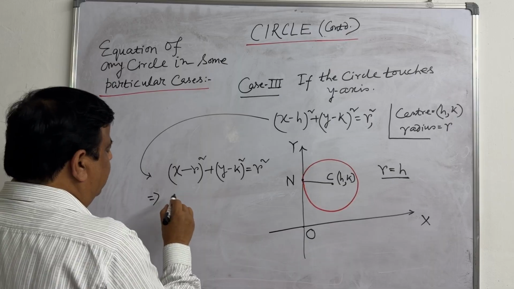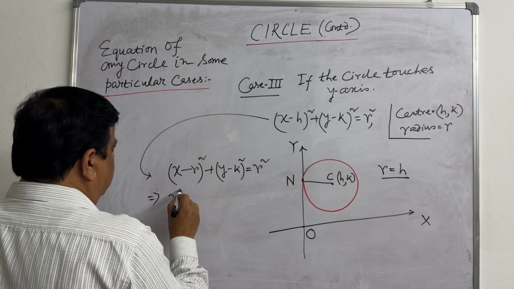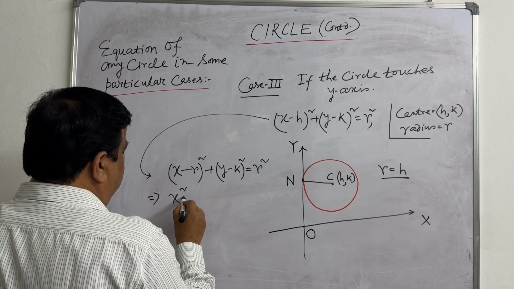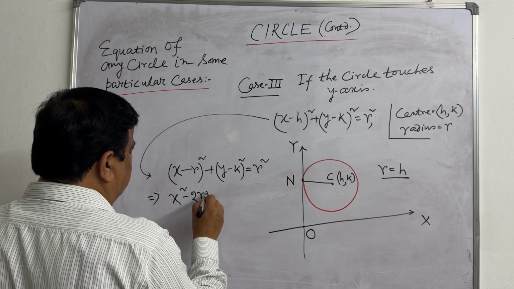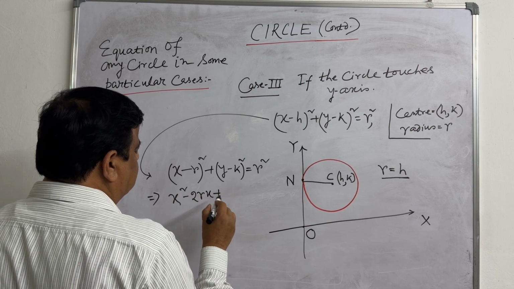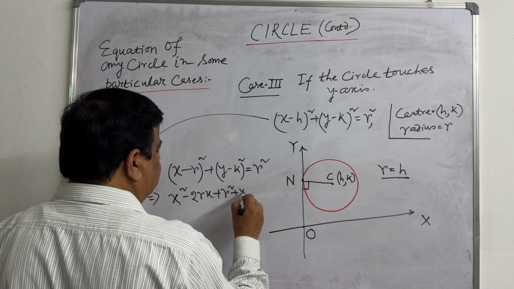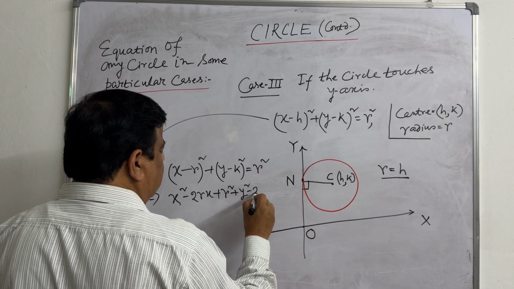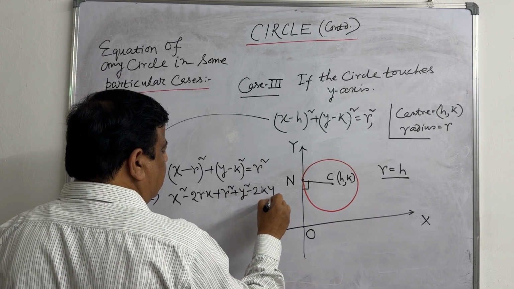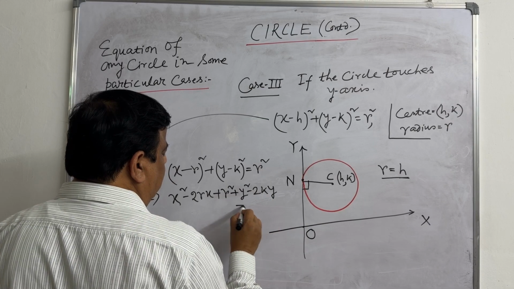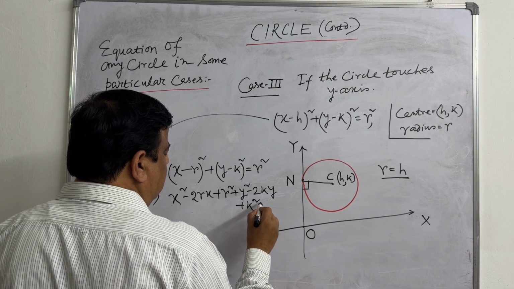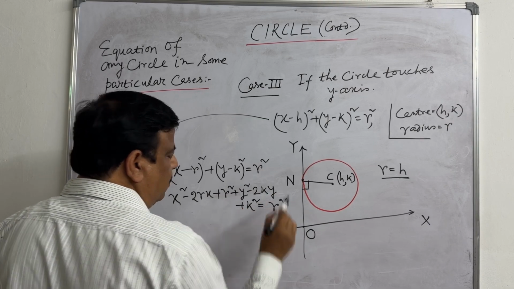If we expand, then x square minus 2rx plus r square plus y square minus 2ky plus k square is equal to r square.